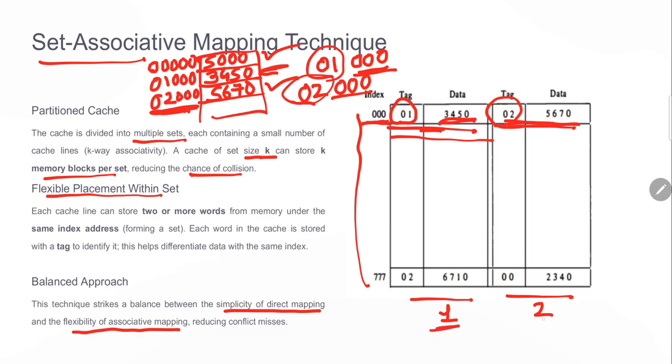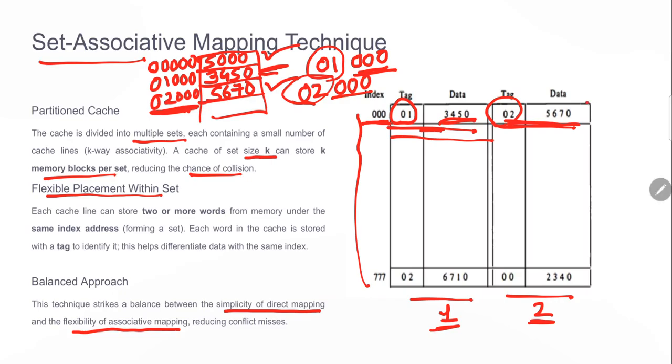Here I am having only two sets. If both the sets are full, the data is already there, if it is not vacant, then it would be replaced by the 00000 using the LRU algorithm. A number of replacement policies are available, so using that it would be replaced.